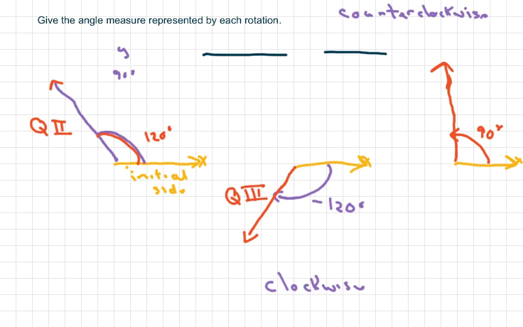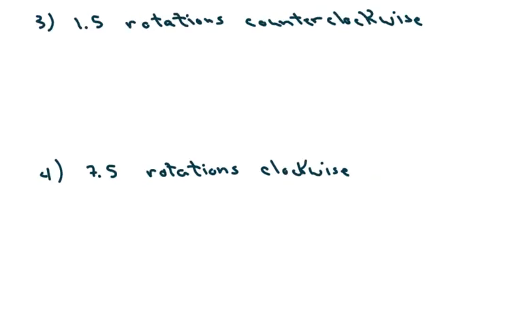Okay? And let's do a few problems here. Basically, we want the angle measure represented by each rotation. So these are rotations. And all you have to do is just 360 degrees in an angle.